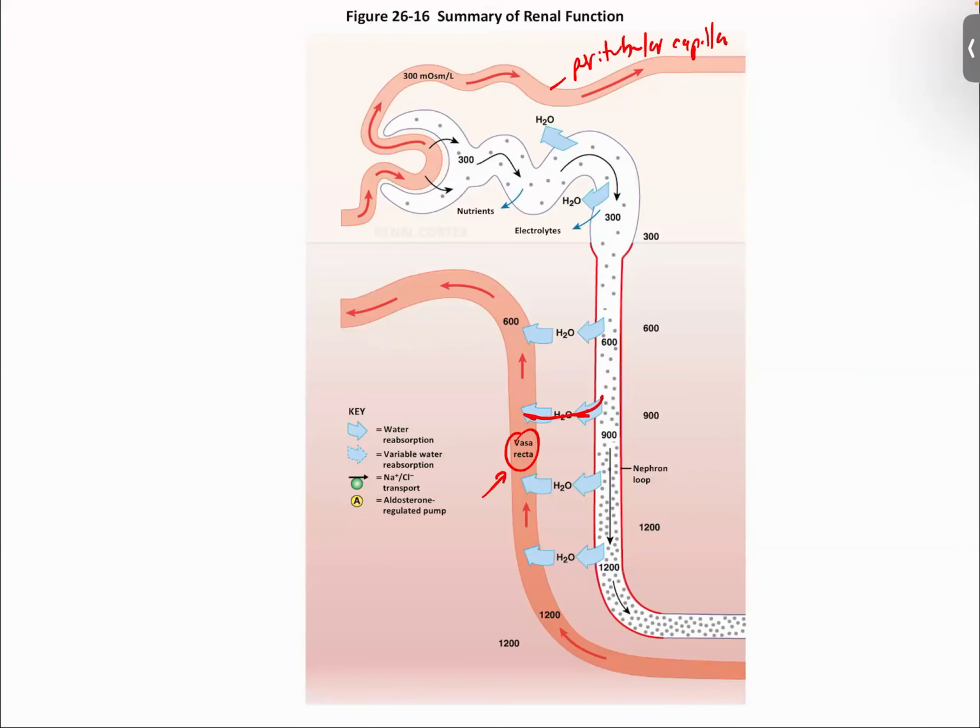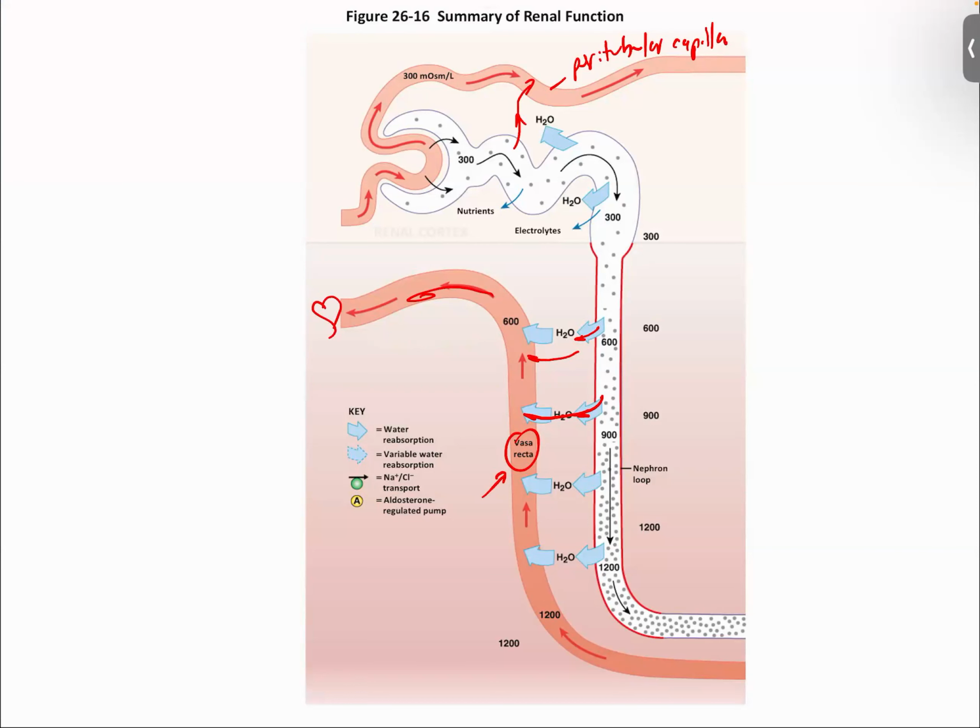So all the proximal convoluted tubule reabsorptions and nutrients and things like that will come into the space first, and then they will move into this paratubular capillary and be taken up into the bloodstream. The water from the loop will come out into the paratubular space, and then we'll move into the vasa recta, and then back into the cardiovascular system, okay, on its way, in this case, to the heart.